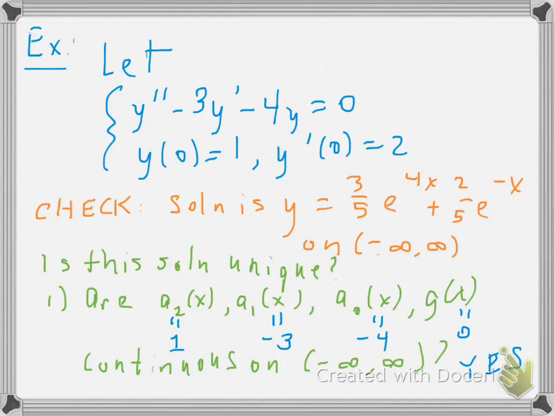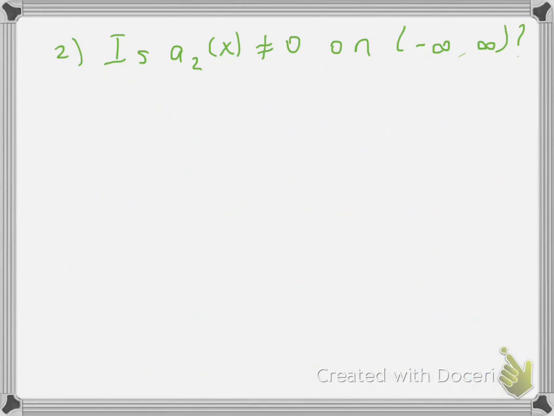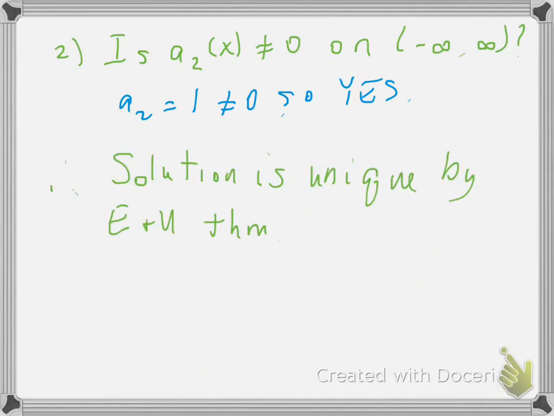So the answer to this question is yes. The next question is, is a sub 2 of x non-zero on my interval from negative infinity to infinity? And since a2 is equal to 1, which is not equal to 0, the answer to this question is also yes. So my solution is unique by the existence and uniqueness theorem.